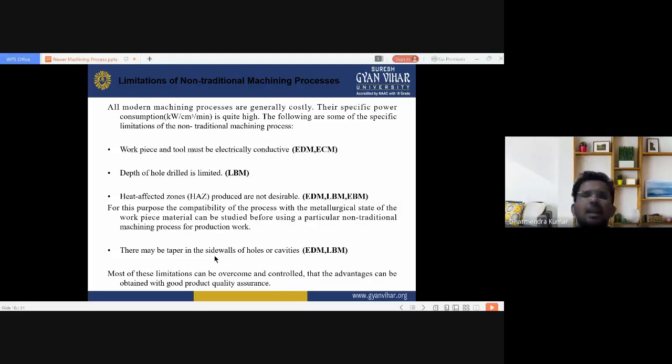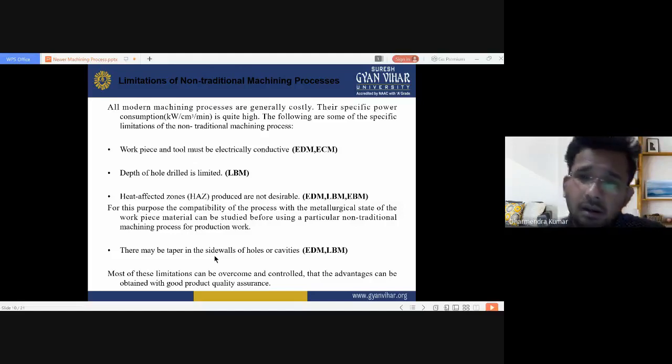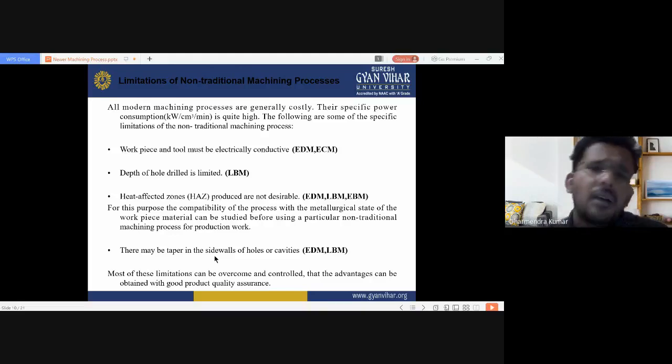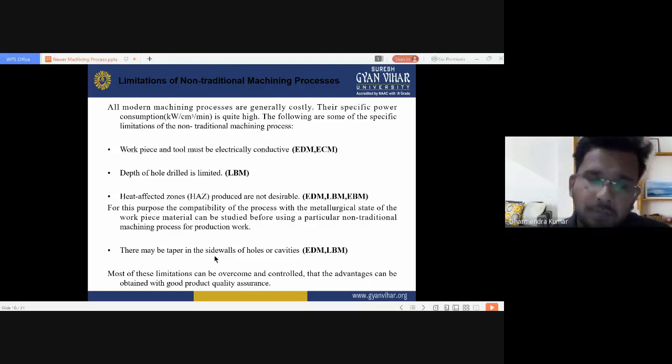A study of metallurgical science is quite necessary for using this type of non-conventional machining, because after a metallurgical study we can find the physical, chemical, and thermal characteristics of that particular job, and then we can implement a suitable non-conventional machining or advanced manufacturing process on it.